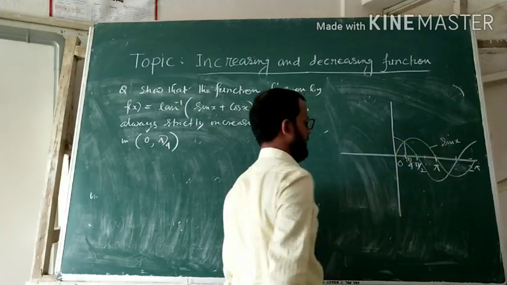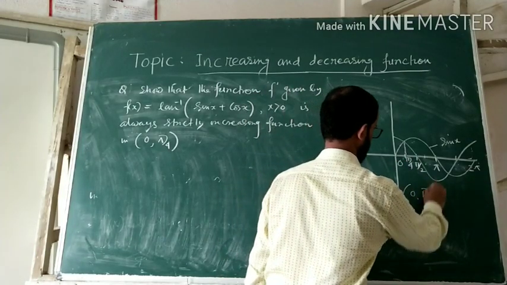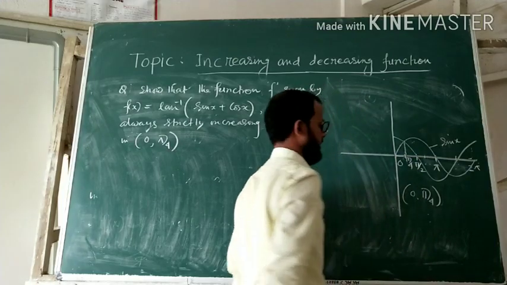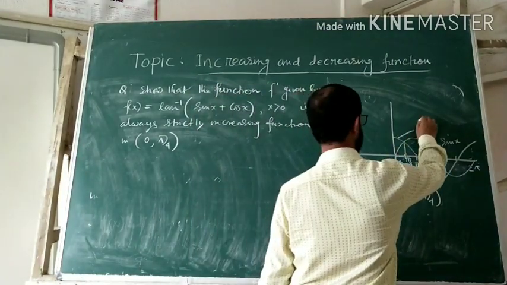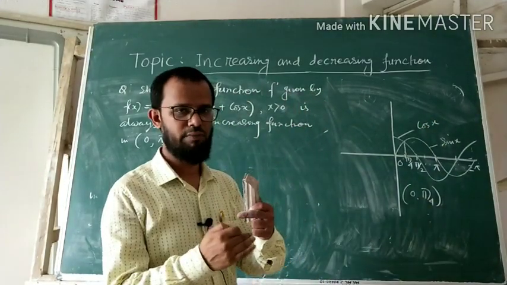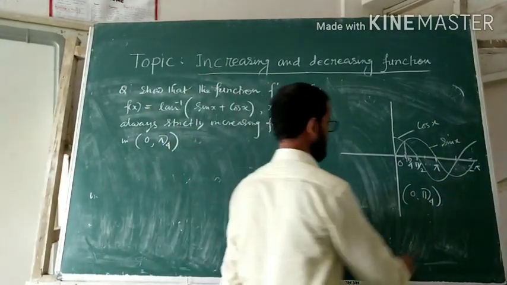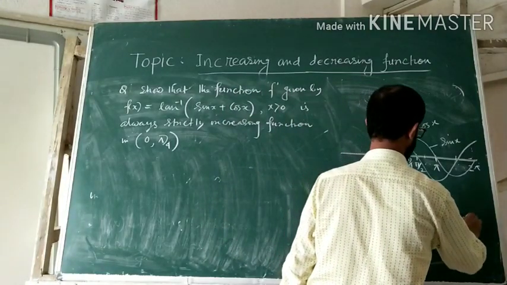Understood? Now within the interval 0 to pi/4, which graph is above? You see the cos graph is above the sine graph. So within the interval, cos x is greater than sin x.